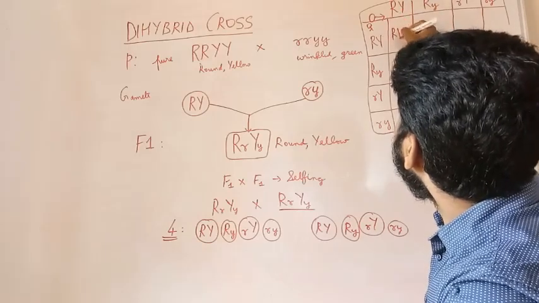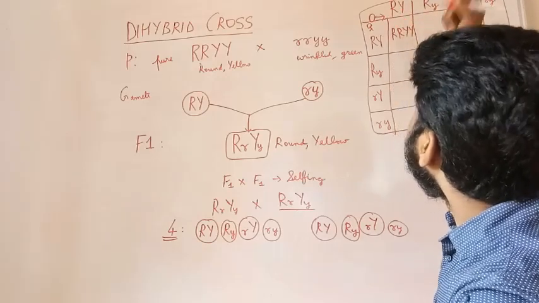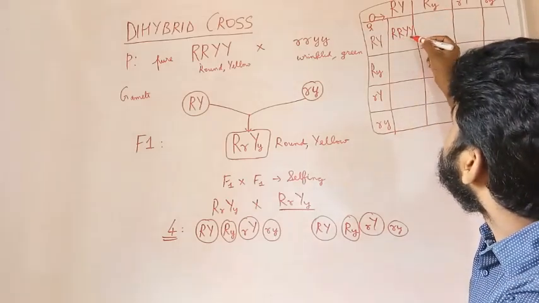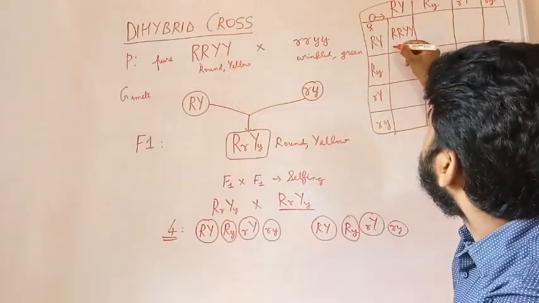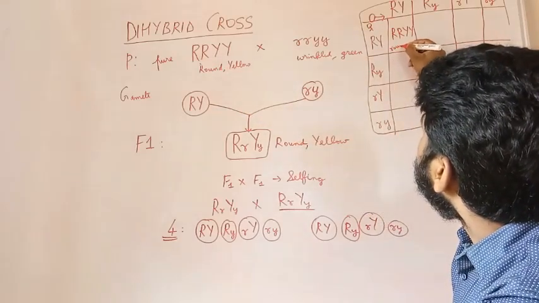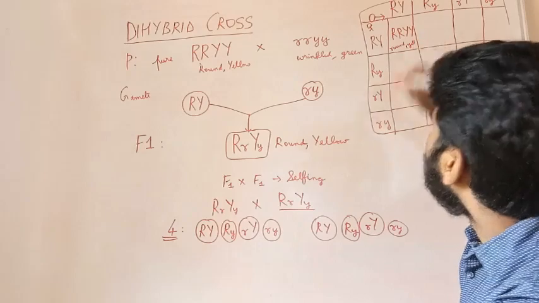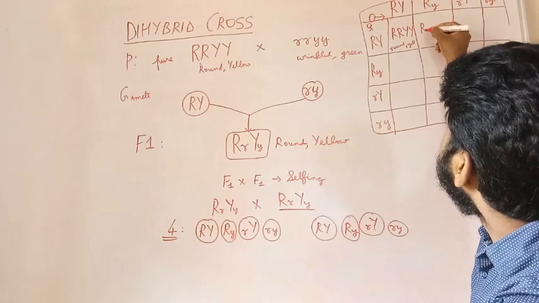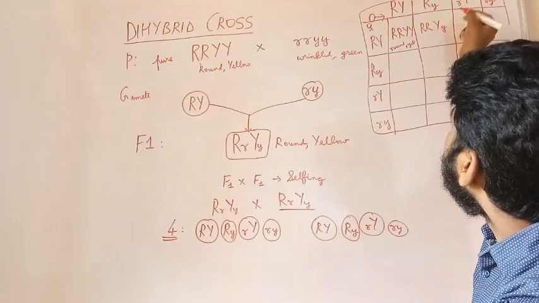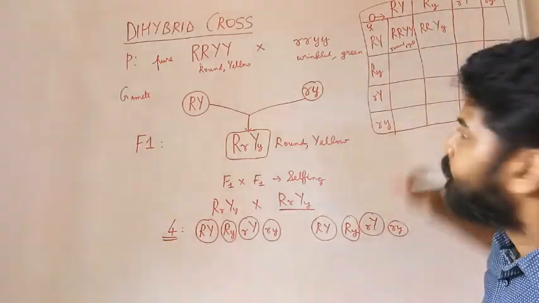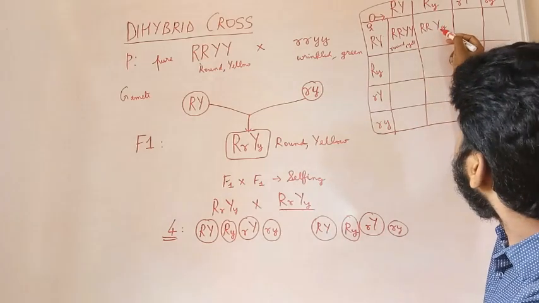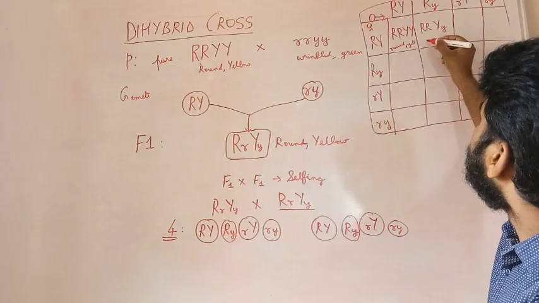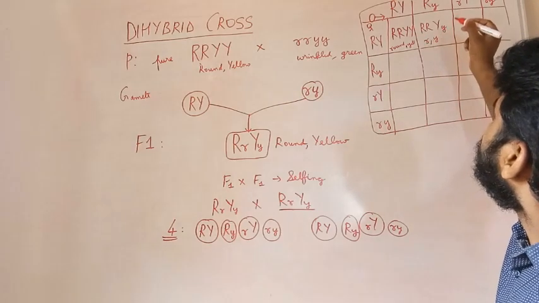So we get capital R, capital R, capital Y, capital Y. So if you see, that is nothing but your round and yellow. Round yellow. Next, this we fuse with this, that is capital R, capital R, capital Y, small y. So it is round and yellow, because yellow is dominant over green. So this is also round and yellow.